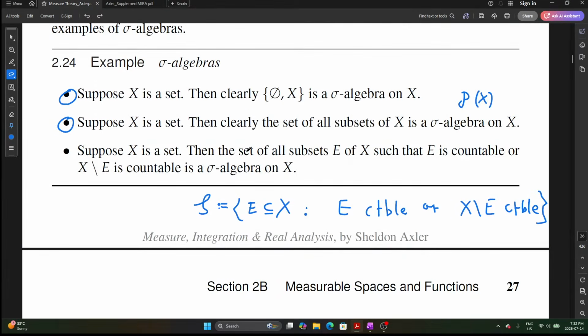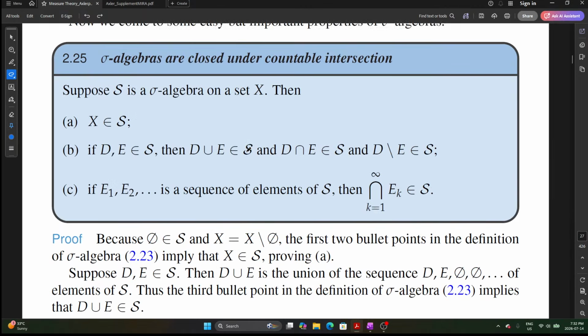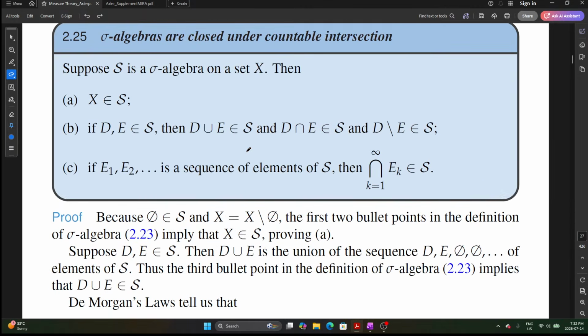Actually, it might be just easier to say closure under countable union implies closure under finite union. You can simply take the sets in the sequence E1 all the way to some index n, and after that index, say n, the sets are all empty.